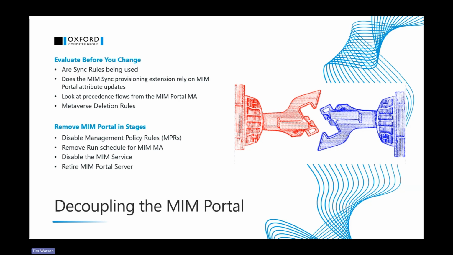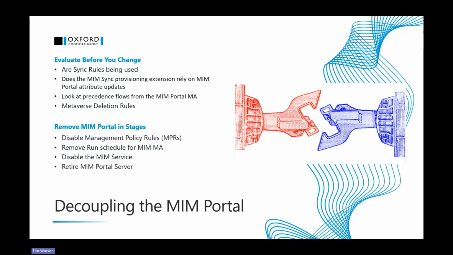Also look at, does the MIM sync provisioning extension rely on MIM portal attribute updates? We've gone with some designs where, giving people access to certain connectors or applications, we didn't do in code. We left the code as simple as possible, but we allowed people to make their changes in the MIM portal.